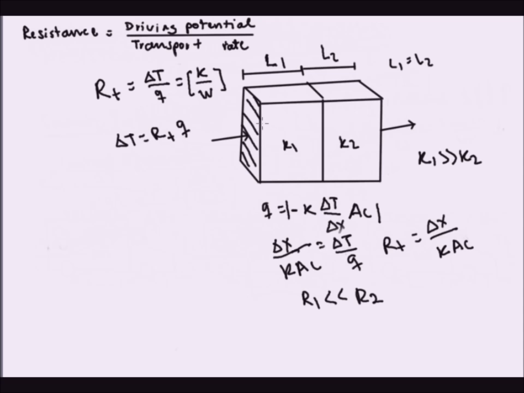So imagine the temperature of the first material being here, and since the conductivity is higher, you don't need that much of a temperature gradient, whereas for the second material, which is an insulator, you need a much higher temperature gradient to achieve the same amount of heat transferring through. Imagine for this axis, we're just going to say that this axis is temperature. And so this is how your temperature profile will look like.